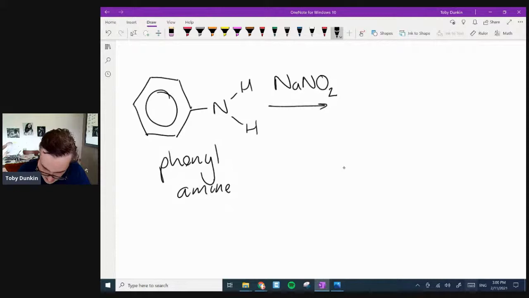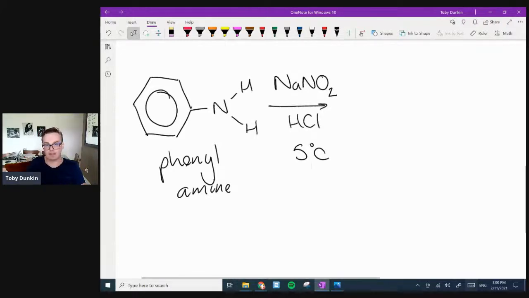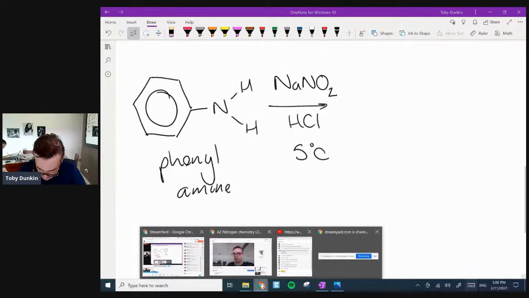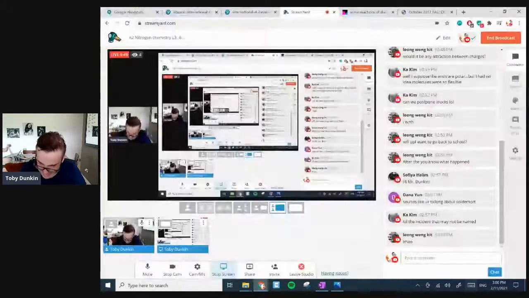Sodium nitrite and HCl at 5 degrees Celsius. I need to check that. And it's not on the specification either, but that's what I've seen on exam papers.